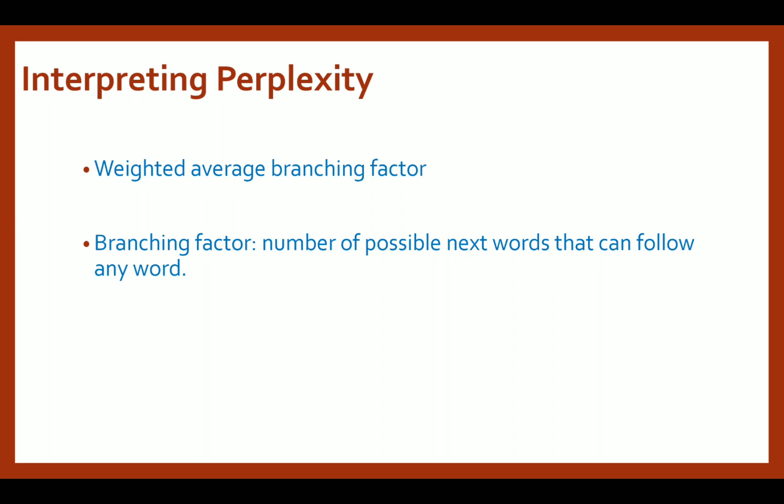But if the model has understood the language, and you are writing correct sentences, then it should dramatically reduce the number of possible words. That's what perplexity is trying to estimate: the possible correct next words.